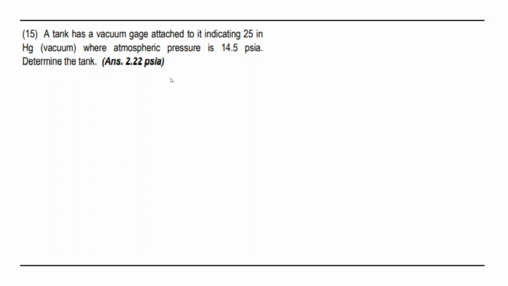Okay, so we know that P absolute is equals to the atmospheric pressure minus the vacuum pressure. So P abs is equivalent to, he said, our atmospheric pressure is 14.5 minus the given 25 inches mercury.